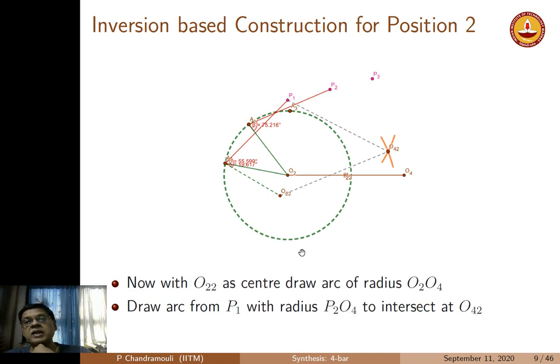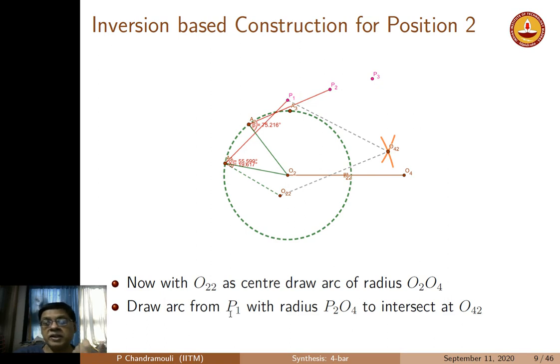We also draw an arc from P1 with radius P2 O4. Remember that in the original position, P2 and O4 are at a particular distance. So we map that. To locate the new position of O4, with O2 as center we draw an arc of radius O2 O4. Obviously that has to be maintained.